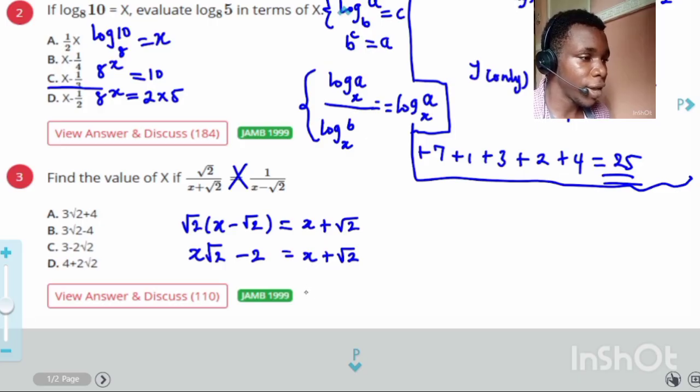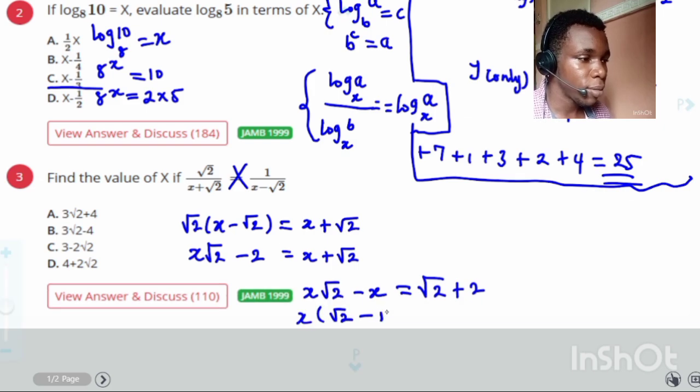Subtracting x from both sides, we have here x root 2 minus x, and then I'm adding 2 on both sides, and then is equal to root 2 plus 2. All right, so we factor out x as the case may be. So we now have x all in a bracket root 2 minus 1 bracket close is equal to root 2 plus 2.